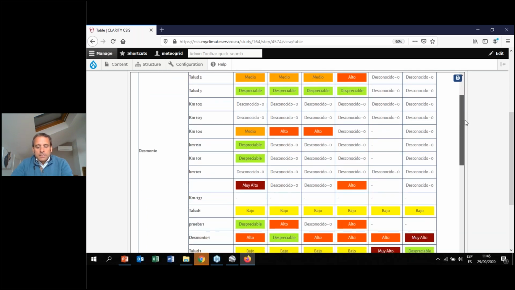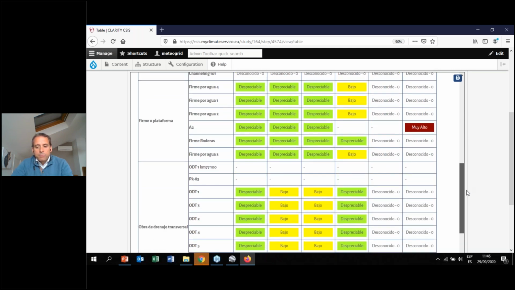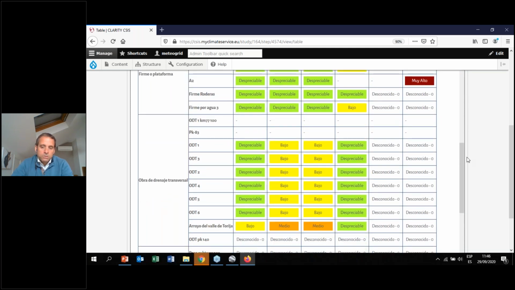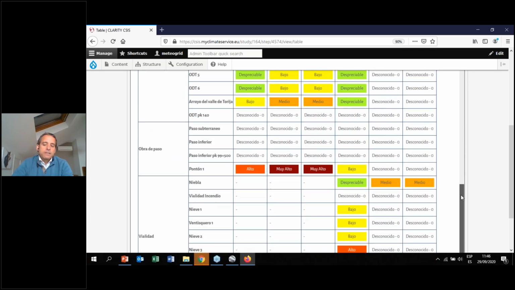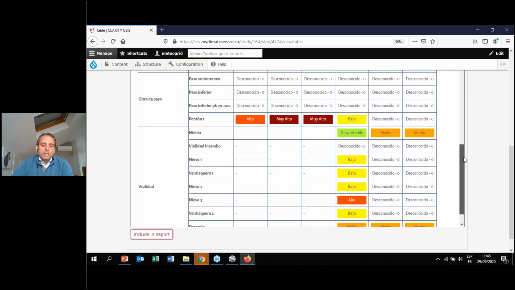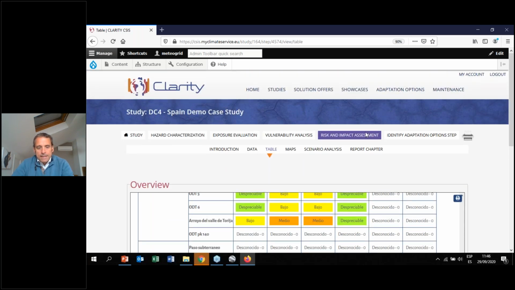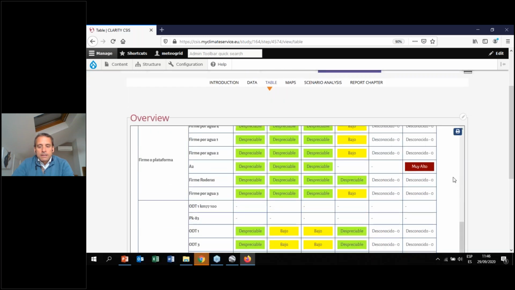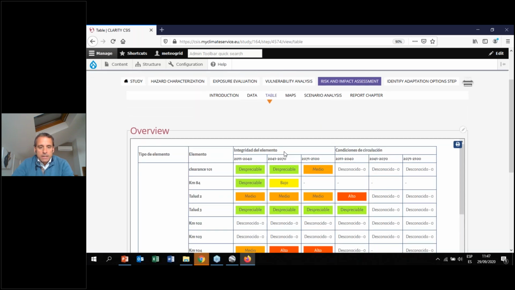So the system plots for each specific point of the road, according to the climate indexes that we have calculated and identified to be important in this type of transport infrastructure, how these elements are identified due to the risk and climate risk impact and assessment.